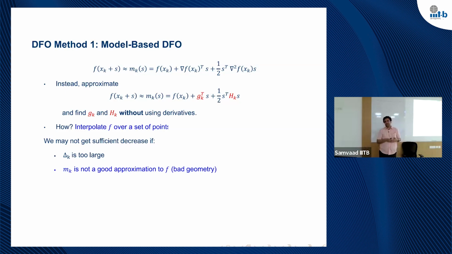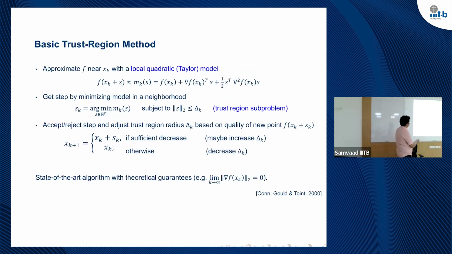That is interpolation, in a one-dimensional case. You do that in n dimensions with n into n plus 1 by 2 parameters. That is the estimation of your GK and HK, which will replicate your gradients and Hessians for a sufficiently small trust region radius. That is actually the theory.